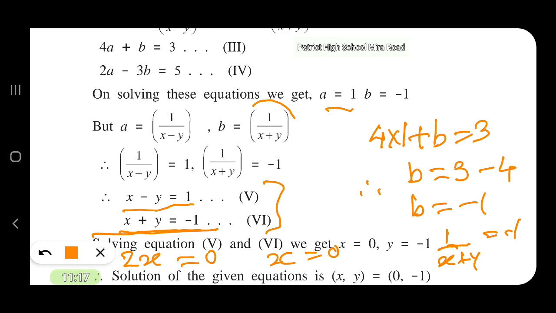Putting x is equal to 0 in the fifth equation, we have minus y is equal to 1, or y is equal to minus 1. So we have these two answers. So x is 0 and y is minus 1.